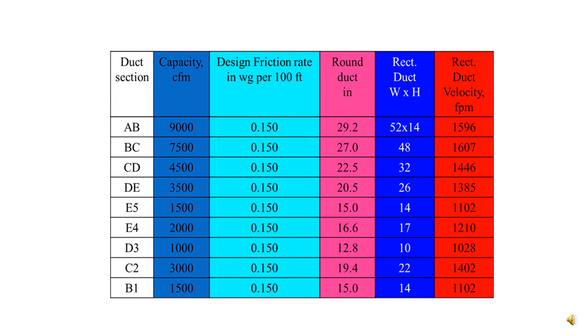This is the value that you choose within the range resulting from the known velocity and also the CFM. In the fourth and fifth columns, you have your chosen round duct size and also the rectangular duct size. And at the end, you will have your velocity.